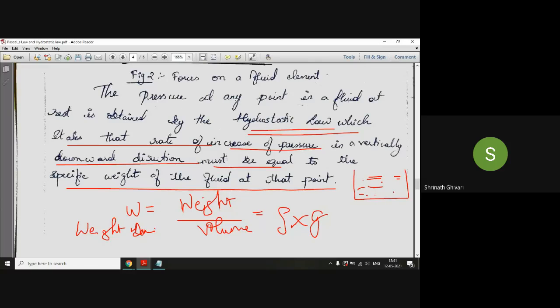The pressure at any point in a fluid is obtained by the rate of increase in pressure, that is dP. Rate of increase means it is increasing from the top to the bottom level of the liquid, in the vertical downward direction, and must be equal to the specific weight of the fluid at that point, that is rho into g. So dP equals rho into g into h. We should get this.